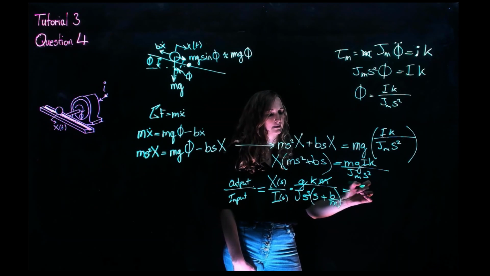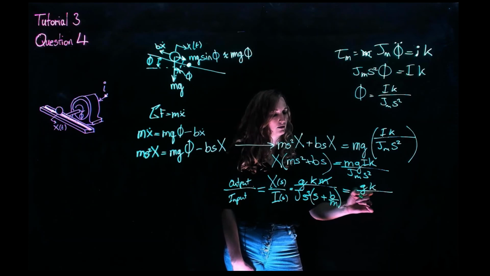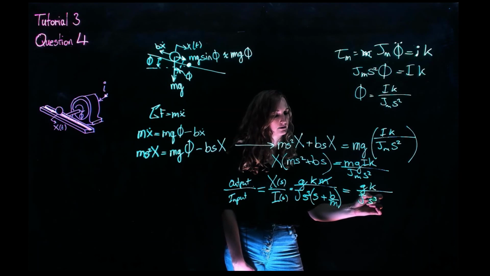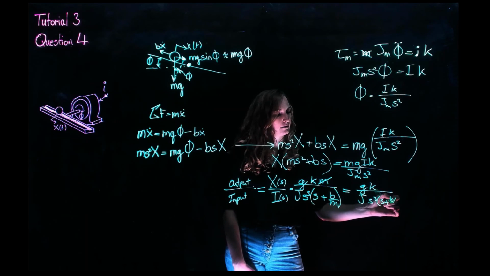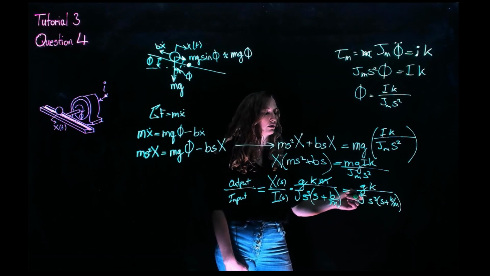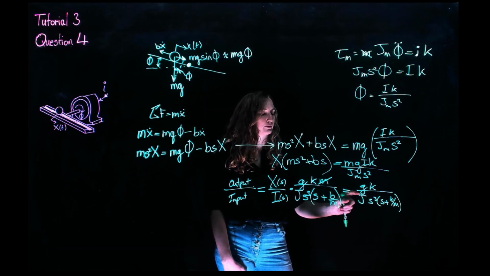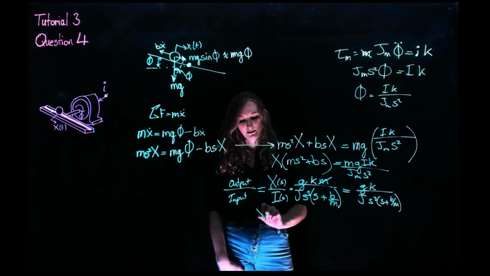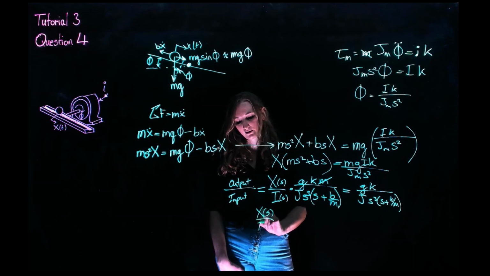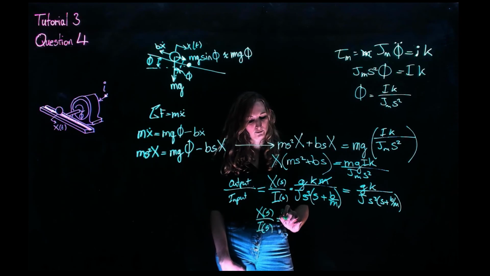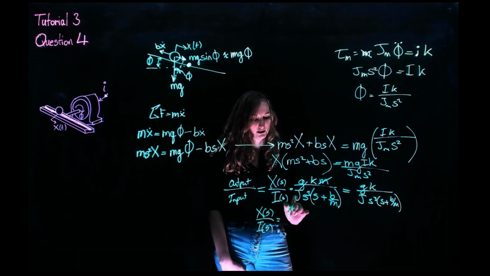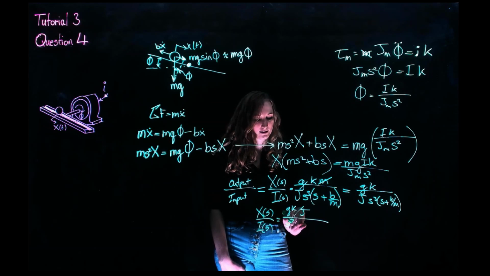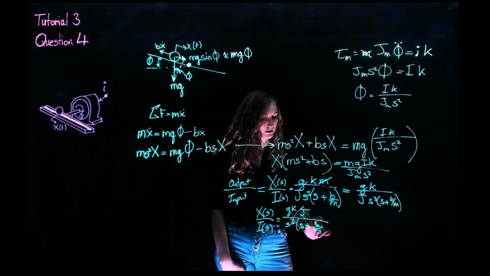So what we should get is gk over j s cubed s plus b over m. Or we can rewrite the denominator, because we don't normally want a coefficient in front of our highest order s. So we get x of s over I of s equal to gk over j, all divided by s cubed s plus b over m.